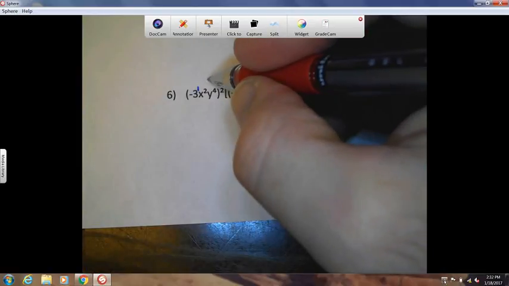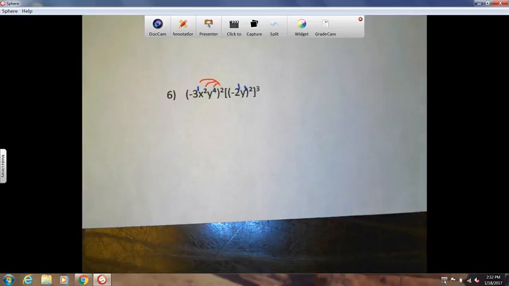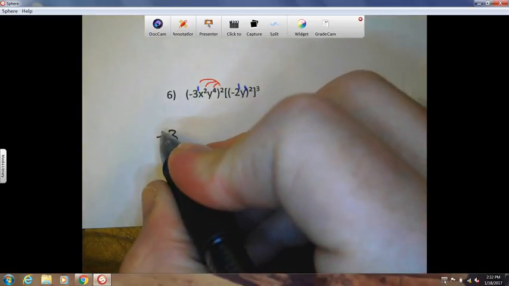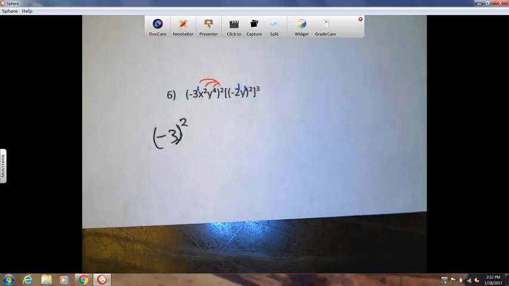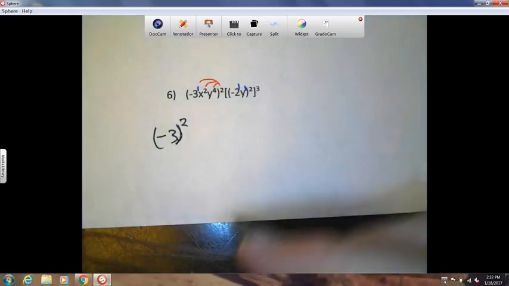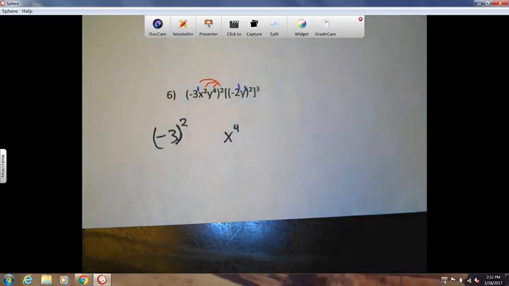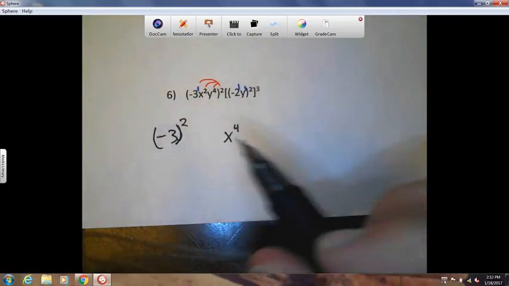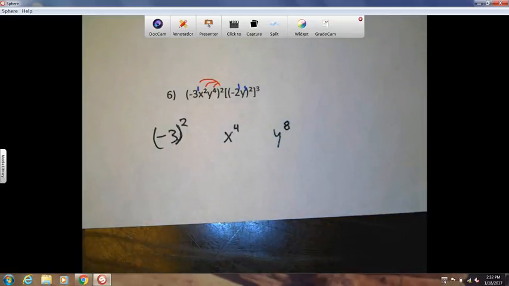So I have negative 3 to the second power, because 1 times 2, x to the fourth power, 2 times 2, y to the 8th, because 4 times 2. Now I need to do the same thing over here.